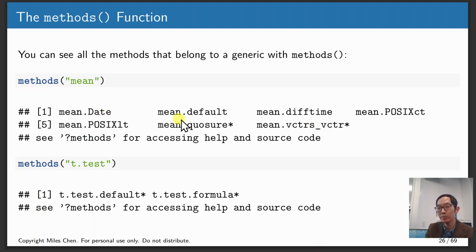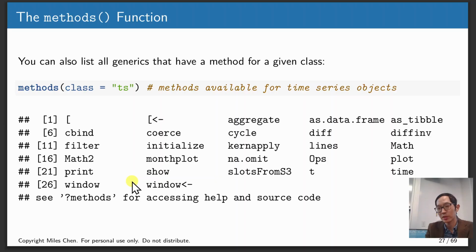We have mean.Date, mean.default, mean.difftime, mean.POSIXct, I don't know what that is, POSIXlt, we have all of these different kinds of things, but these are the different kinds of objects that can be passed to the mean function, and it will execute, okay? t.test is also a generic function, and there are 2 things: t.test.default and t.test.formula. R will figure out which version or method to execute depending on the object you give it.